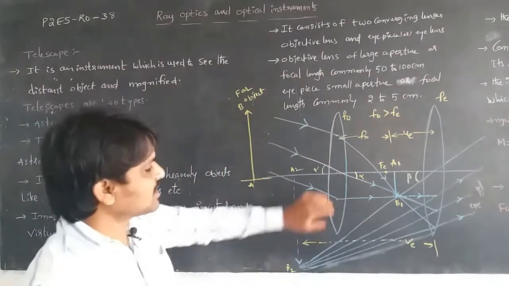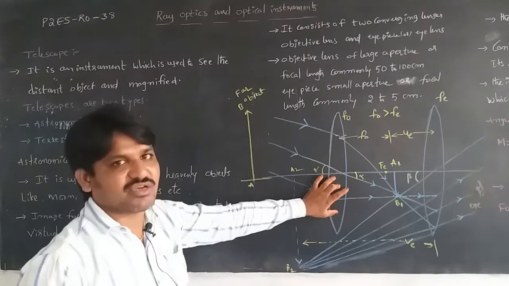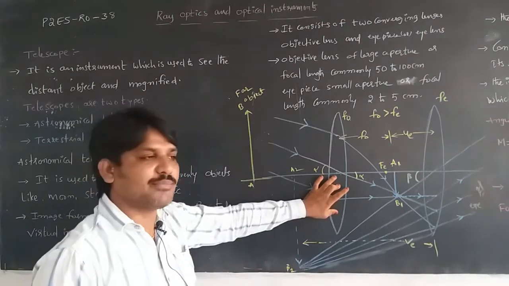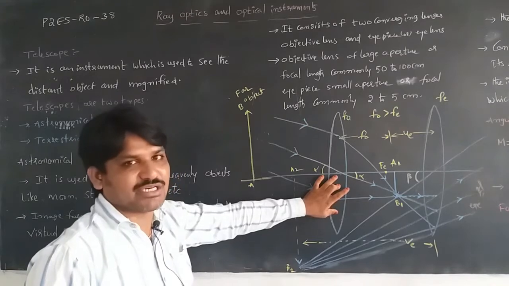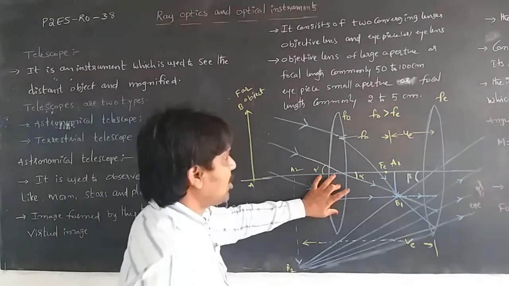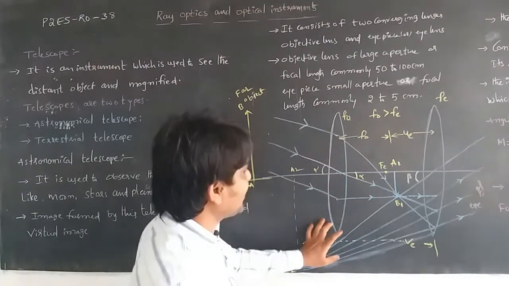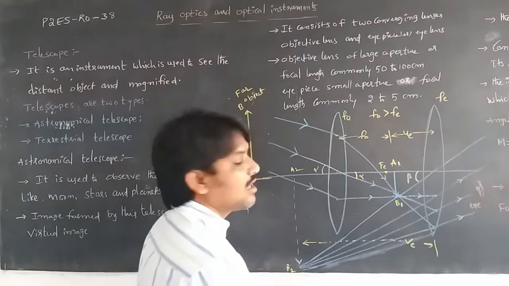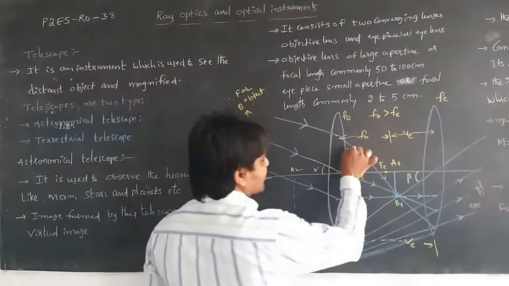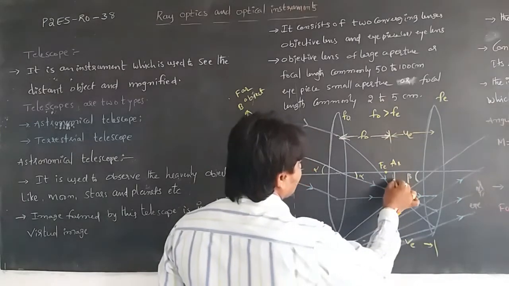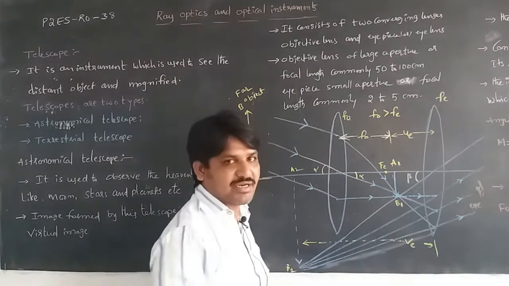The objective lens has a large aperture and a large focal length, fo, of 50 to 100 centimeters.